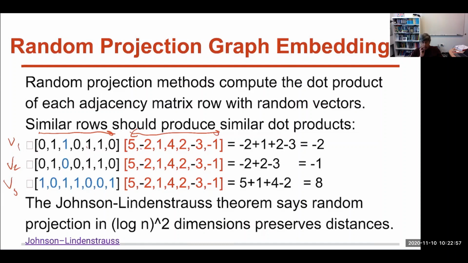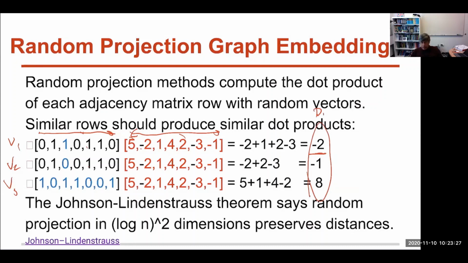The dot product of these things is going to produce a number. If the adjacency matrix was 0, 1, and the random numbers are integers, I'm going to get an integer. What's interesting? We can view the dot product here as one dimension in a feature representation.